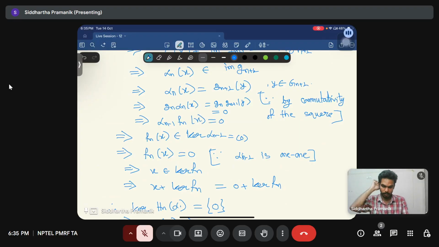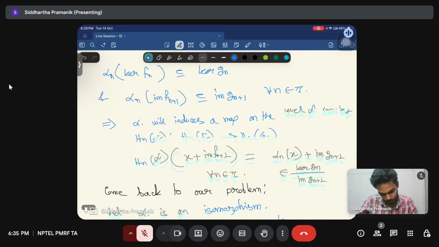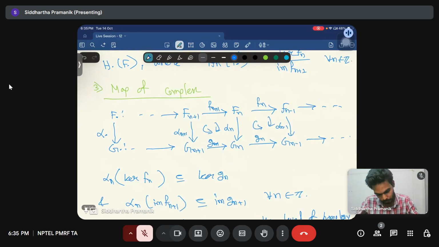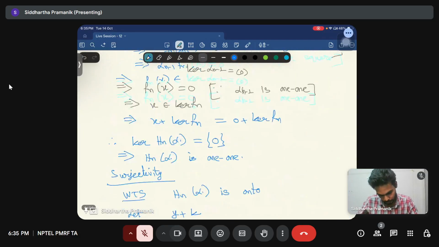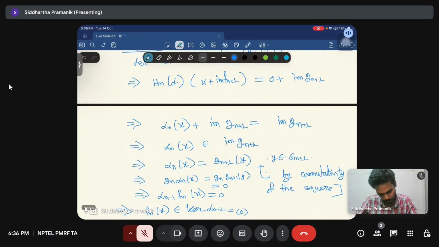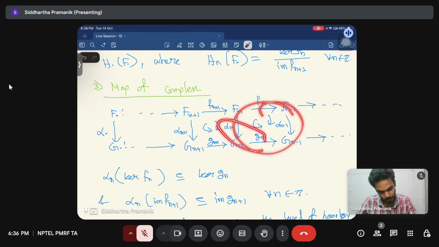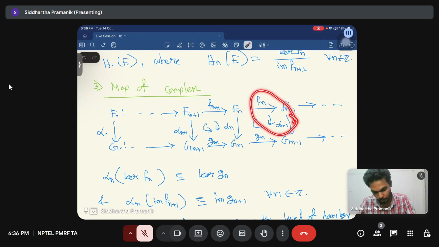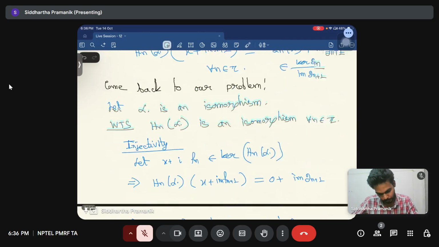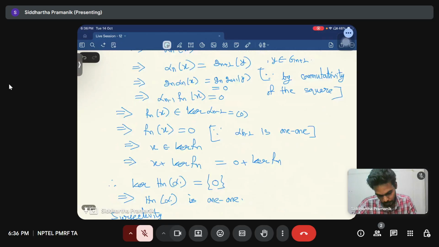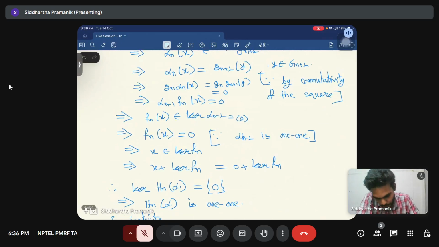So f_n x is in the kernel. So g_n composed with alpha_n is 0. So by commutativity of this square, g_n composed with alpha_n is the same as alpha_{n-1} composed with f_n. So f_n x is in the kernel of alpha_{n-1}.